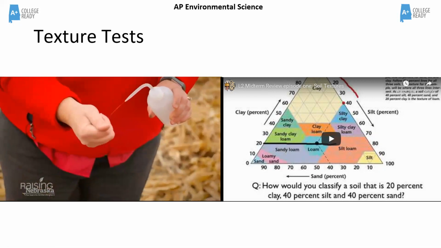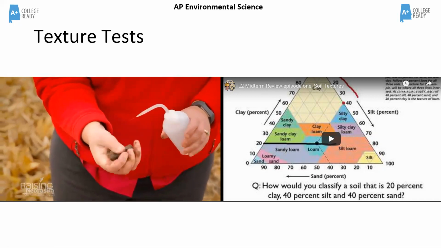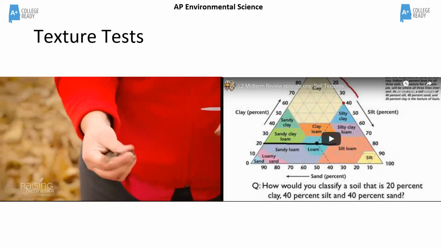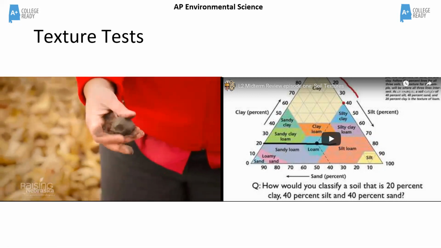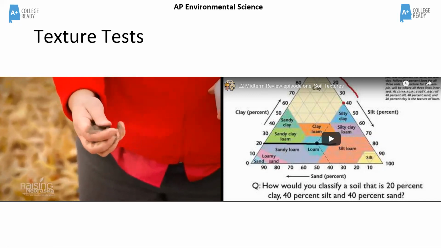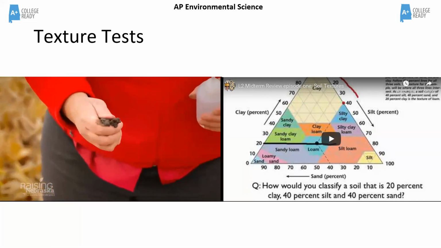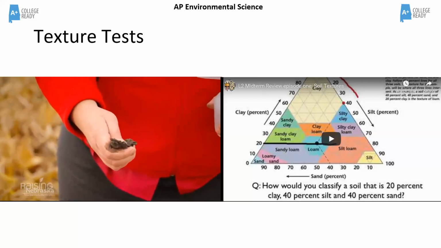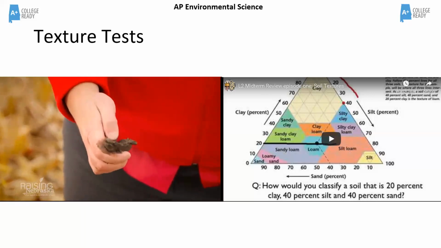I'm going to take my soil, about enough to fill the palm of your hand, and you'll take some water and get just enough water so you can get a nice ball. And then once you get a nice ball like this, you basically take your two fingers here and try to create a ribbon and see how far out you can get it to go.